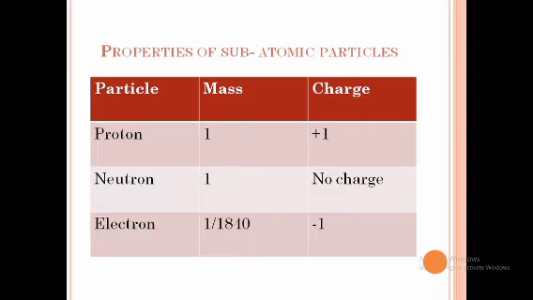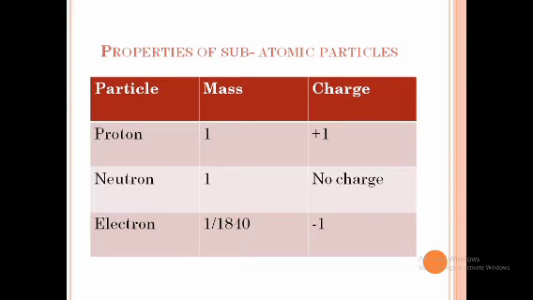Now let's look at the properties of the subatomic particles of the atom. Looking at the properties, we have the proton having a mass number of 1, and we already said protons are positively charged, while neutrons also possess a mass number of 1, and a neutron is neutral, it has no charge.